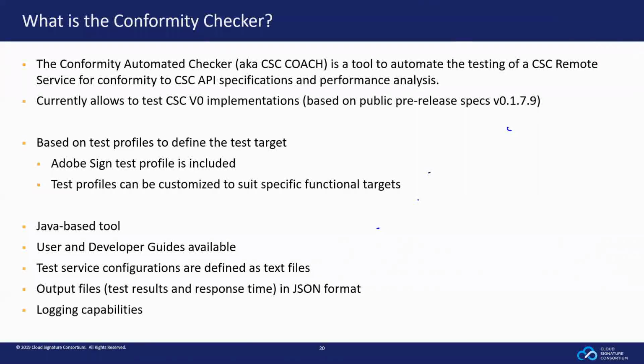I will let you know later how you can access it, but it's a tool that has been developed internally, and from today it's available to every one of you, to all active CSC members. And this is a very interesting tool to support the development of remote services.